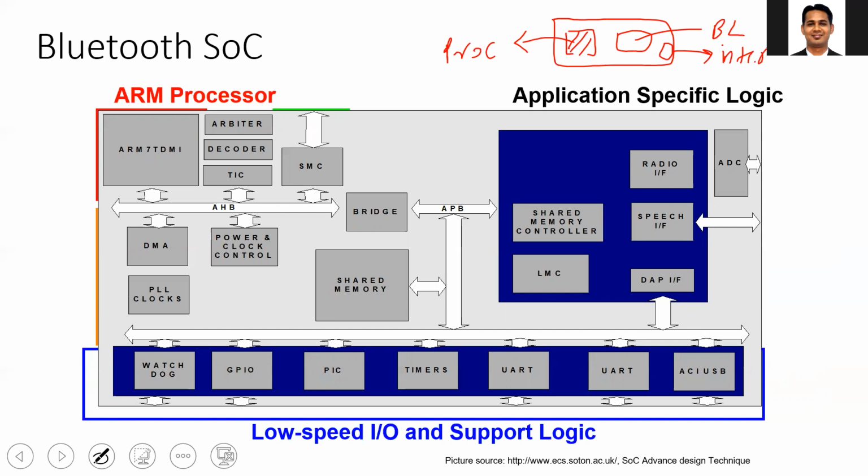This is called the system on board. On the other hand, in the case of the system on chip, you have only one chip where the Bluetooth physical layer, the processor and the interface are all integrated inside one chip. So that is the difference between the system on board and the system on chip.